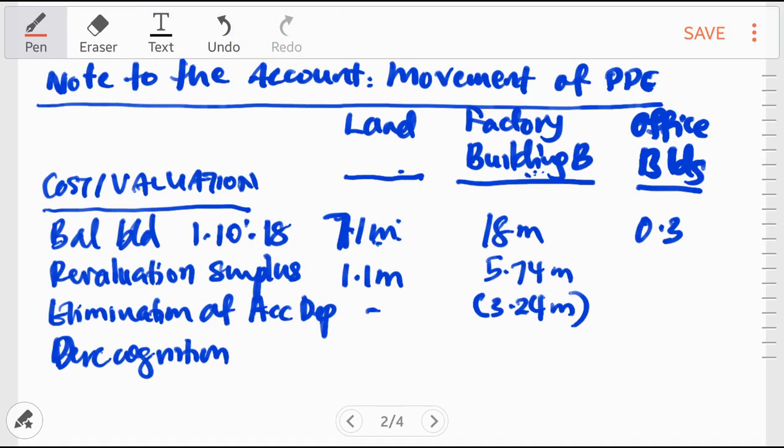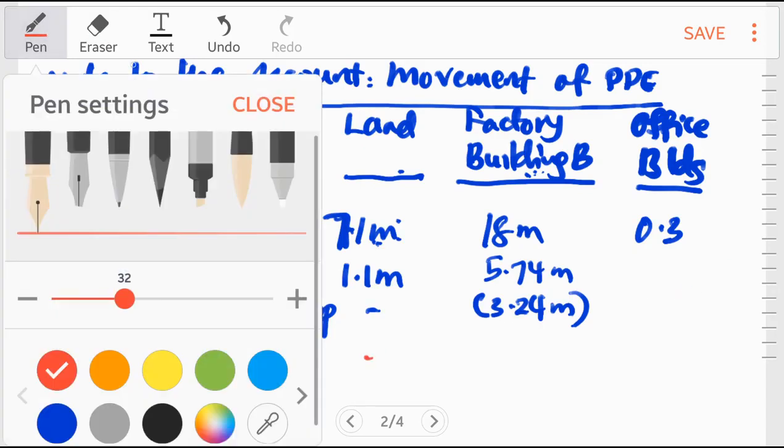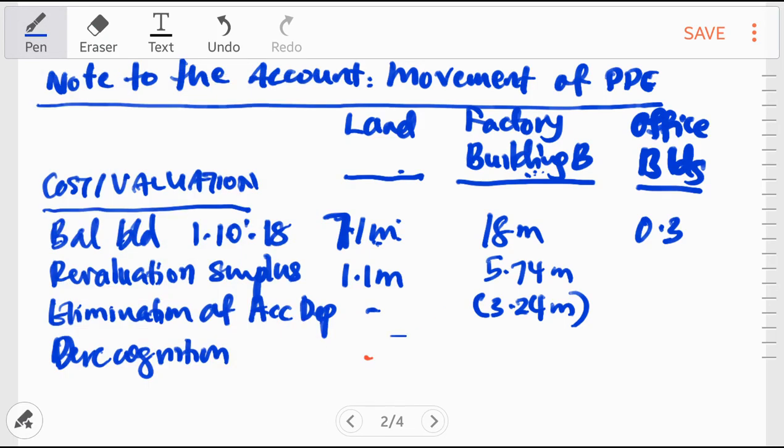Okay, we put the factory building information here. So we do the one that was being derecognized first. Derecognize, so the amount is 0.3.